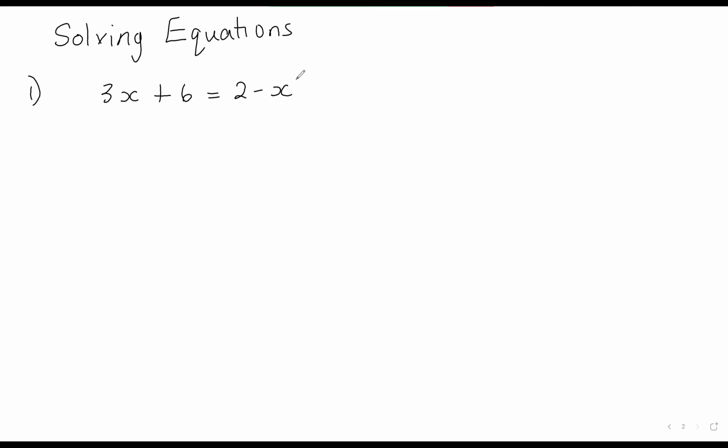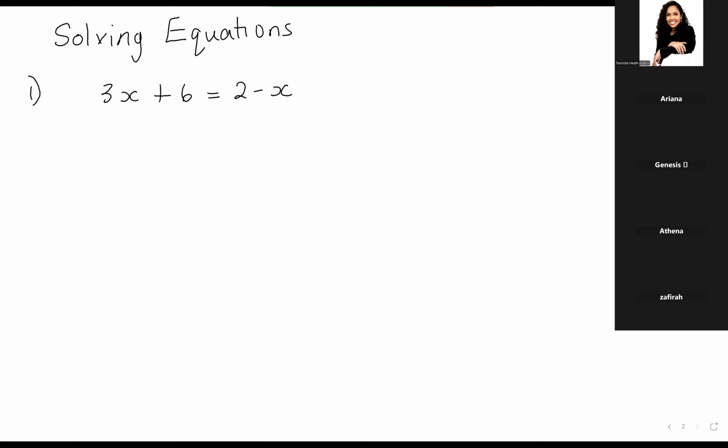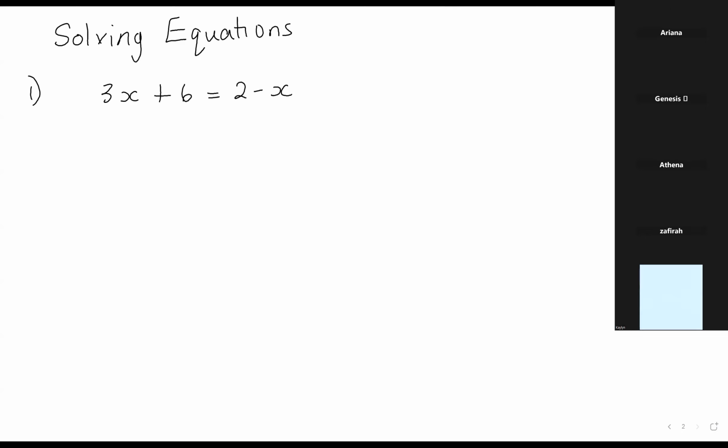Do you girls remember how to solve an equation like this? Anybody? Let me see. Kaylin, do you know how to solve an equation like this? What would you do to solve this equation? Carry over stuff.